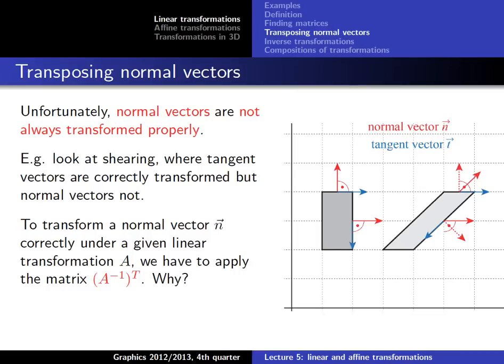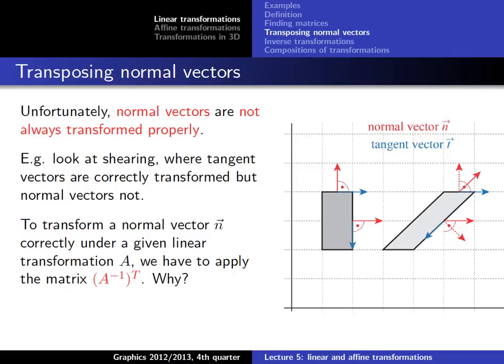We have to be careful if we have an object and we use normal vectors, for example for light calculation. When we do the transformation, we also want to use that normal vector for the light calculation. The easiest way would of course be, if we have already calculated the normal vector, to just apply the transformation to it, and then we can also use the normal vector for the transformed object.